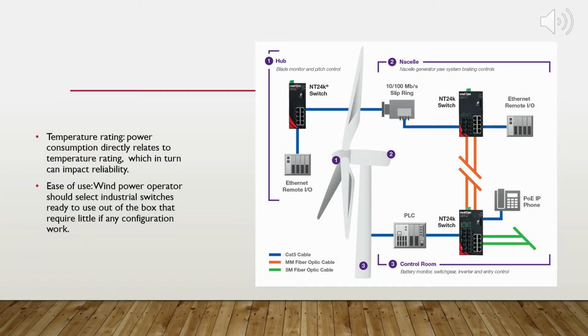Temperature rating. Power consumption directly relates to temperature rating, which in turn can impact reliability. Ease of use. Wind power operators should select industrial switches that are ready to use out of the box and require little if any configuration work.